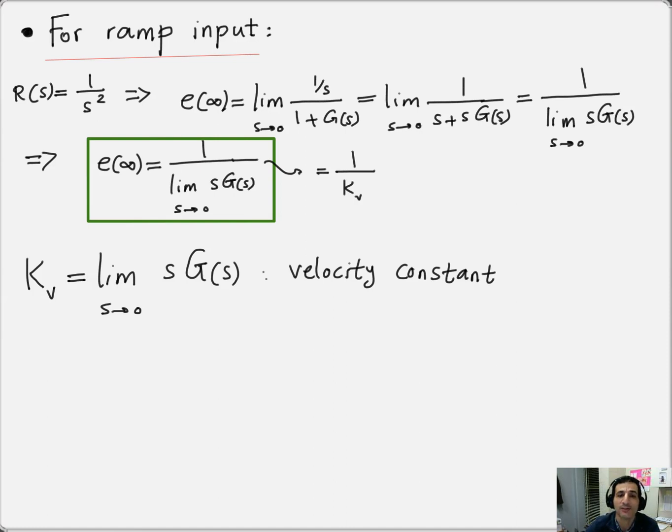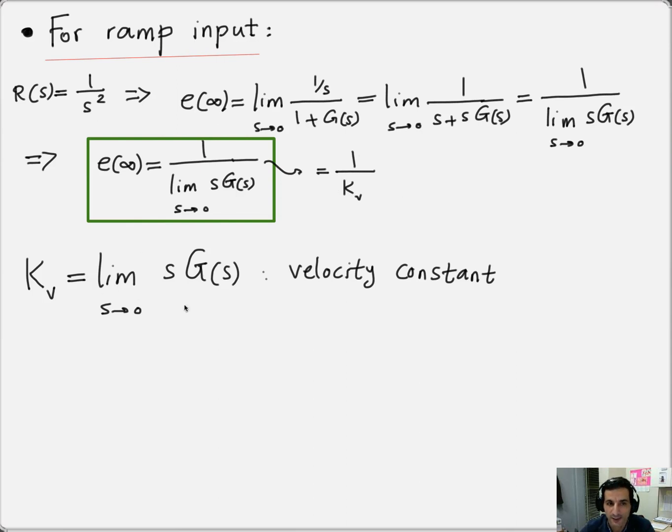We now define the limit of sG of s when s goes to 0 as the velocity constant. Therefore your steady state error to a ramp input is just the inverse of this velocity constant, Kv. In order to have a 0 steady state error to a ramp input, you must ensure that Kv goes to infinity.